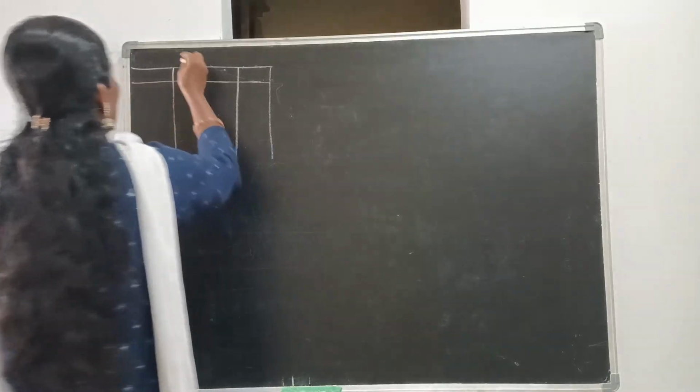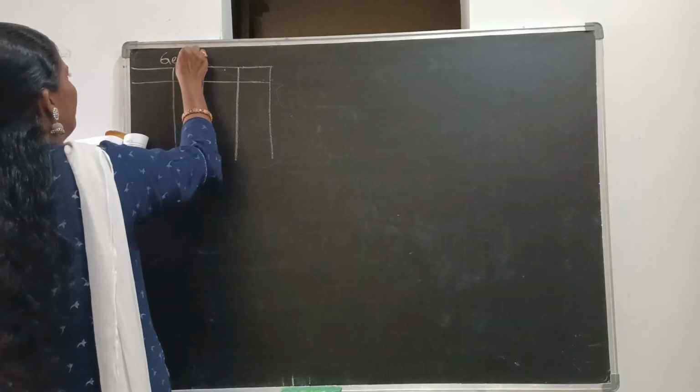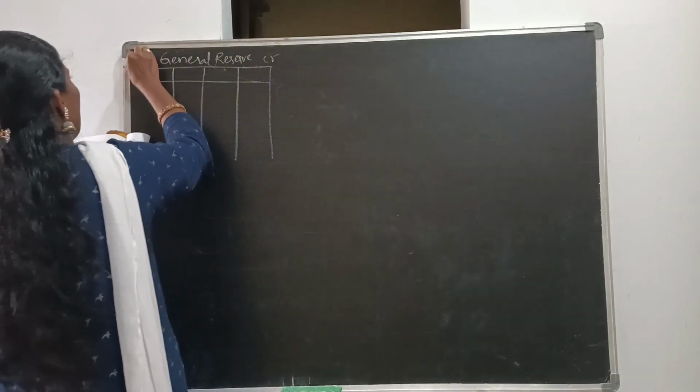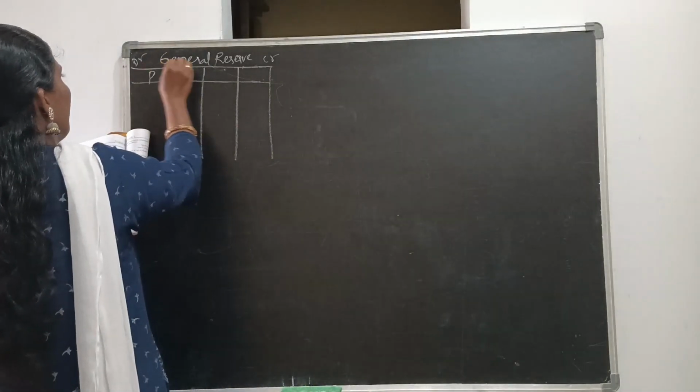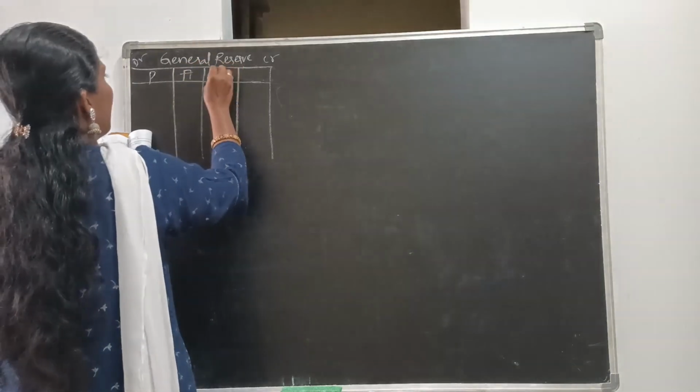So first we'll prepare the general reserve account. Put the heading general reserve; this is the credit side and this is the debit side. Particulars, amount.